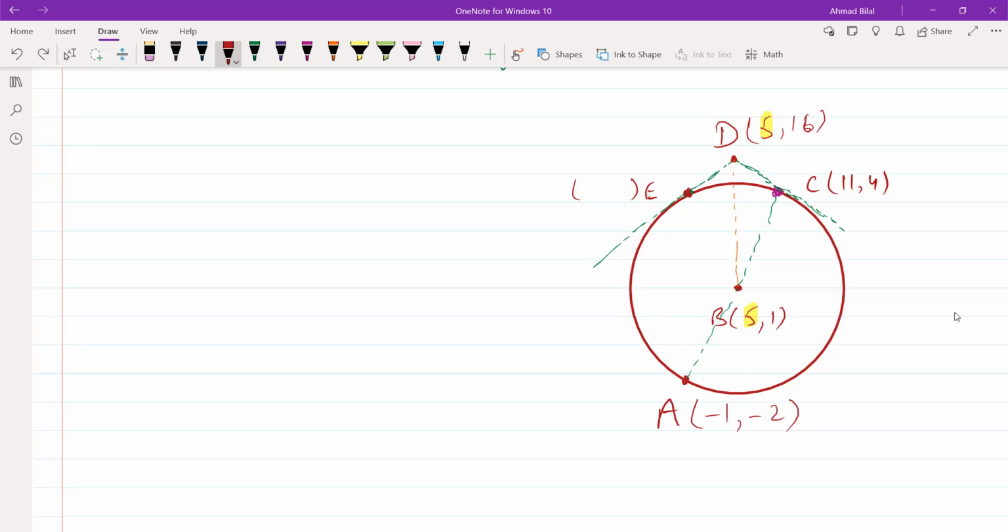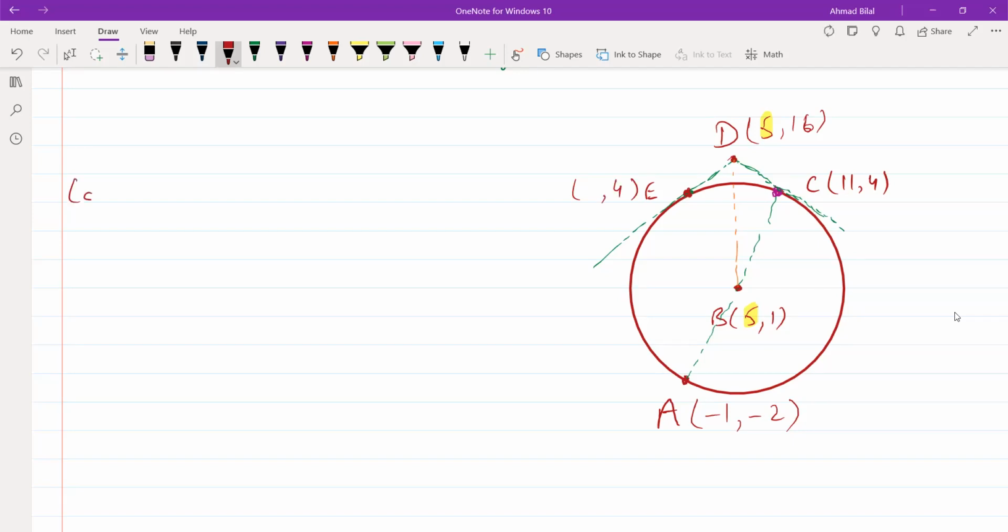Because the point D is directly above the center of the circle. So one line goes left from there, one line goes right from there. The points where the tangents touch the circle have to be at the same horizontal level. If they are at the same horizontal level, their y coordinates are the same. So if the y coordinate of C was 4, the y coordinate of E also should be 4.